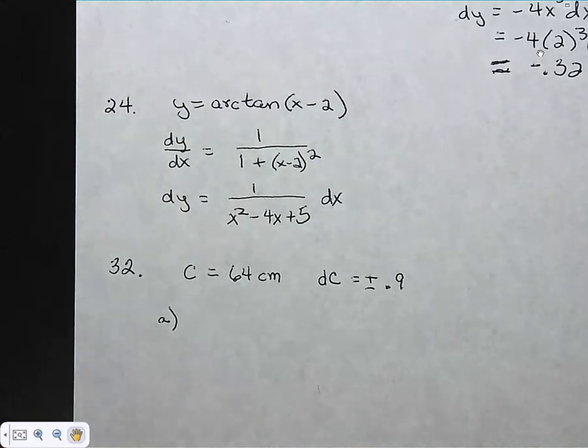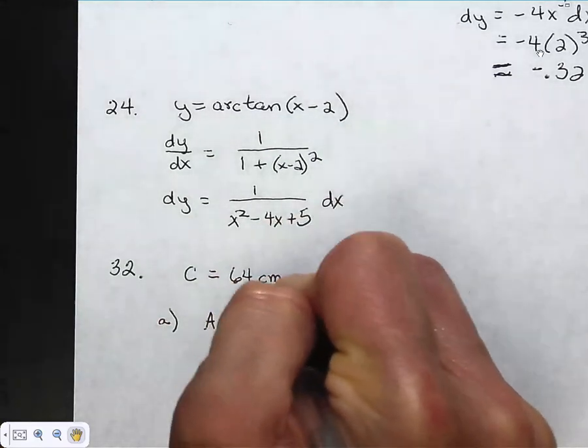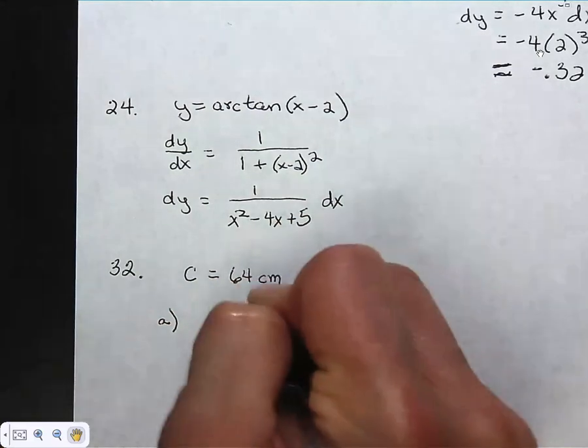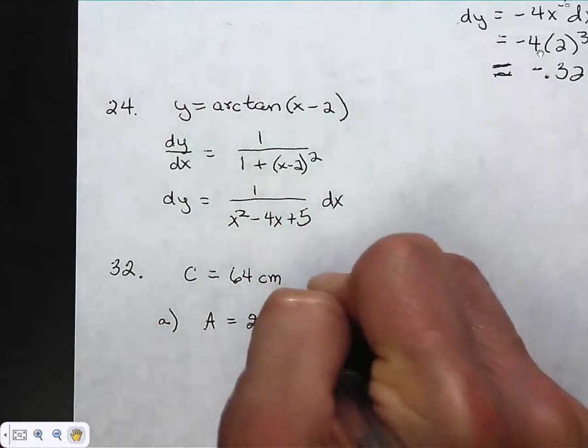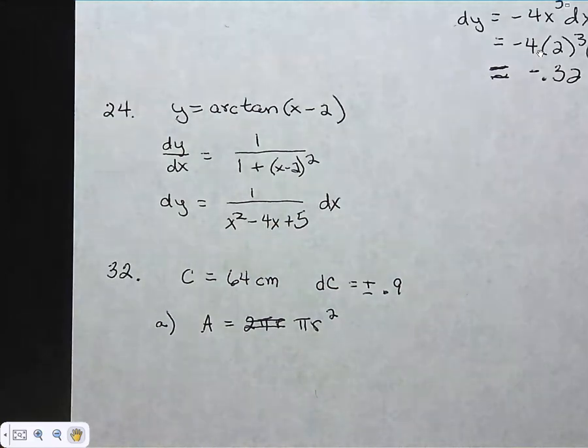All right, the area of a circle is 2 pi r. No, it's not. That's the circumference of a circle. The area of a circle is pi r squared. The problem is that formula calls for a radius, and I don't have a radius. Any suggestions?